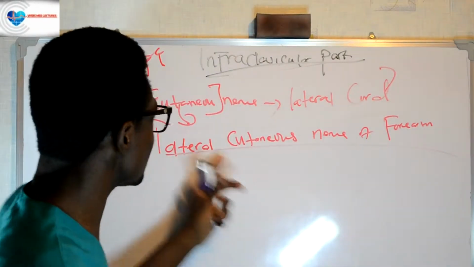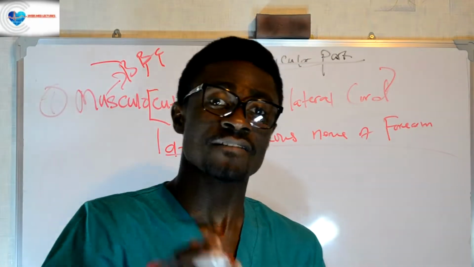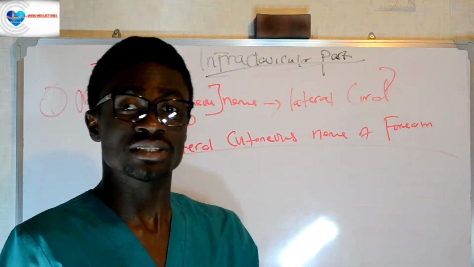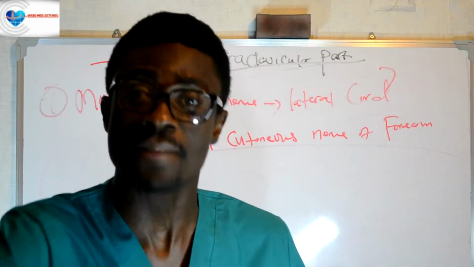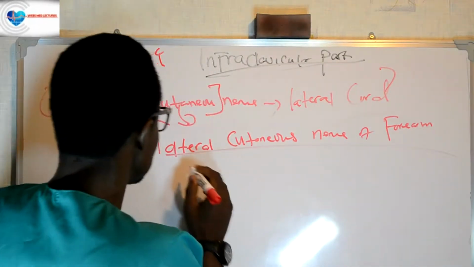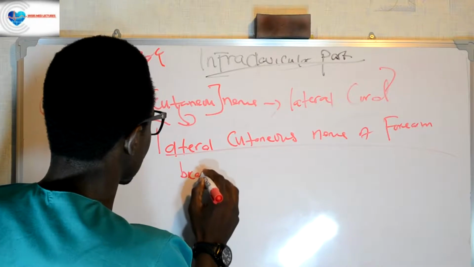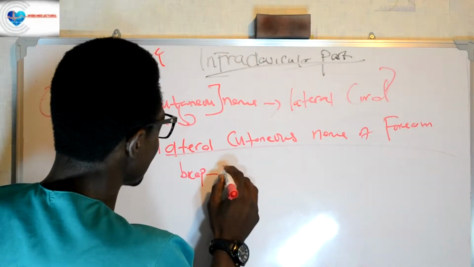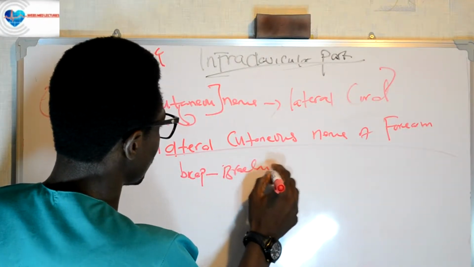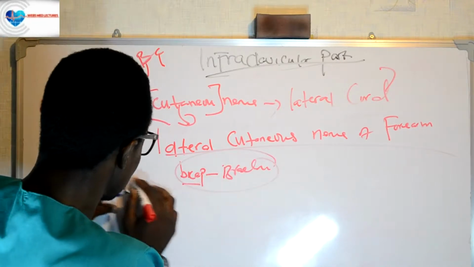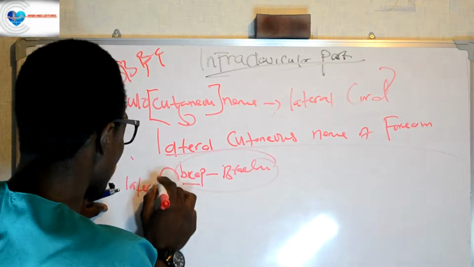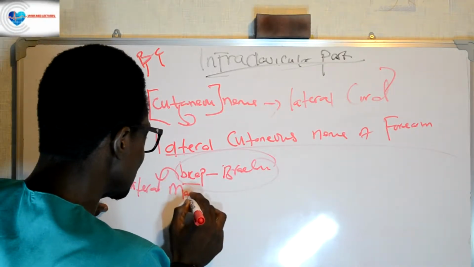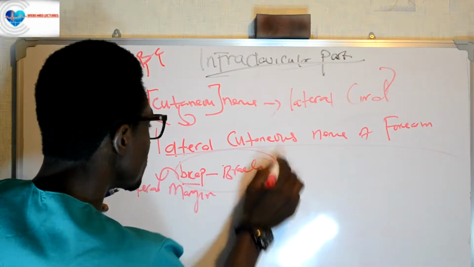Easy. And what this nerve does is, it passes beneath the lateral margin of the biceps brachii. It passes beneath the lateral margin of this muscle.